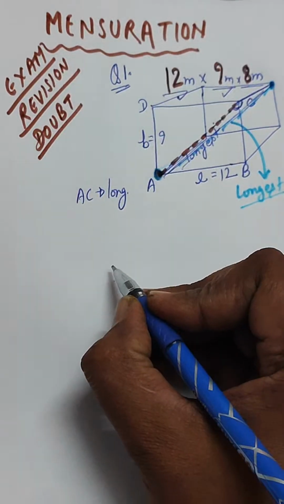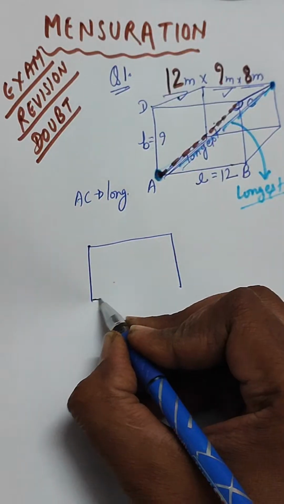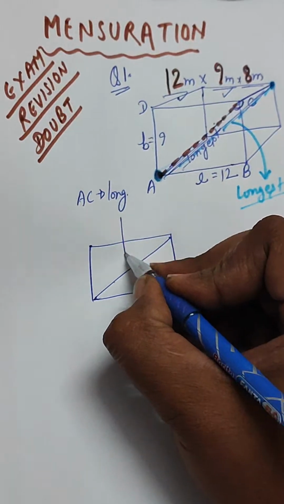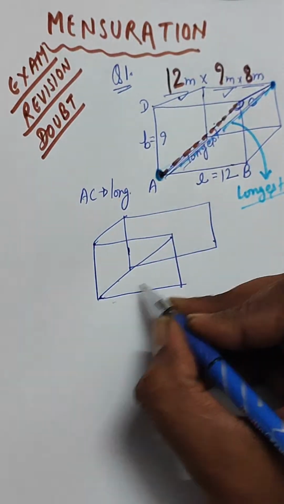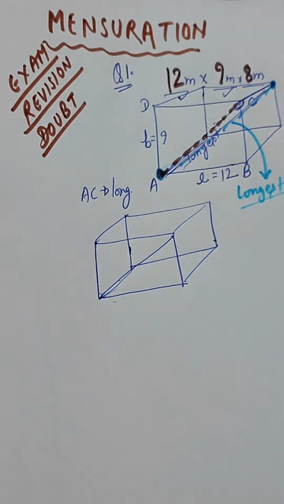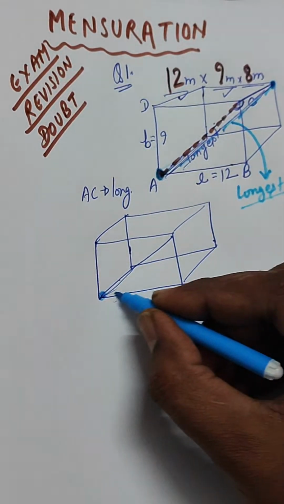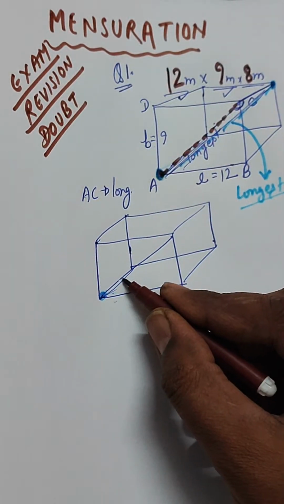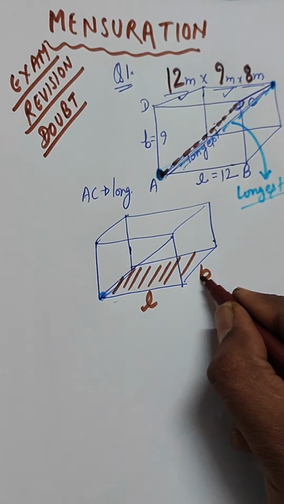Okay, so let me draw the figure like this again so that quickly we can explain it. This is the diagonal for a plane figure, and if this is a room like this, right, then definitely the longest diagonal will be starting from the base of the room, from the floor of the room. This is the floor of the room where length is there, breadth is there, right?